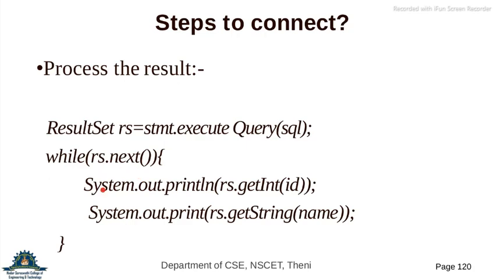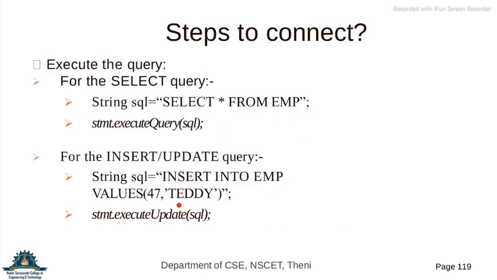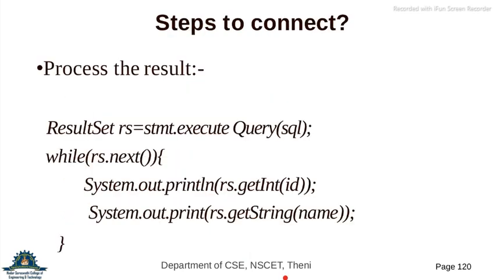Let me see the content now. System.out.println rs.getInt. Here you can look at our table contains two contents, an integer value and a string value, so I am just collecting the same thing. rs.getInt will collect every integer value, and rs.getString will get the string inputs.